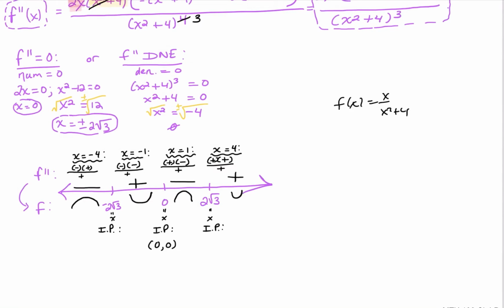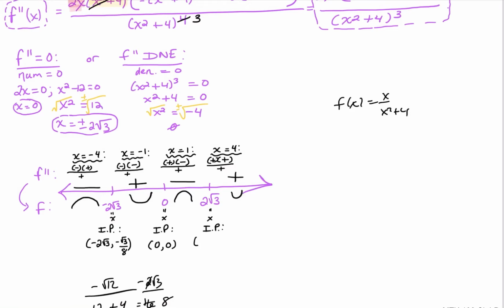If I sub in, I might work with the root 12 form. If I subbed in negative root 12 over negative root 12 squared, which would be 12 plus 4, that would be 16 in my denominator. And then I would have this 2 root 3 in my numerator. So I think this is going to come out to be, and you could go to decimals, especially for graphing purposes, this negative 2 root 3 or negative root 12, and the y-coordinate looks to be negative square root of 3 over 8.